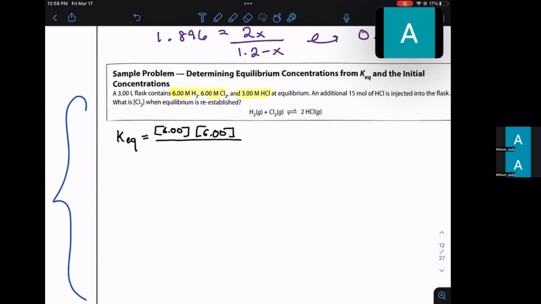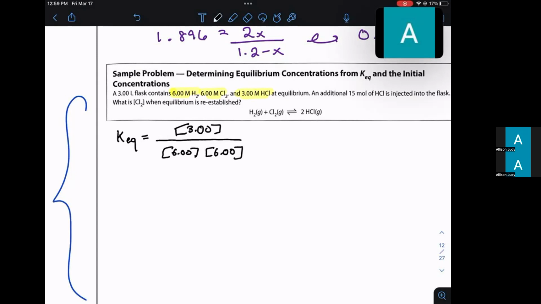I think I did that wrong. Sorry, it should be products over reactants whenever you're doing KEQ. So the concentration of HCl over the concentration of H2 and Cl2. And we are including all 3 of them because they are gases. If we had a solid or a liquid, we wouldn't include that, but 6 molar and 6 molar.